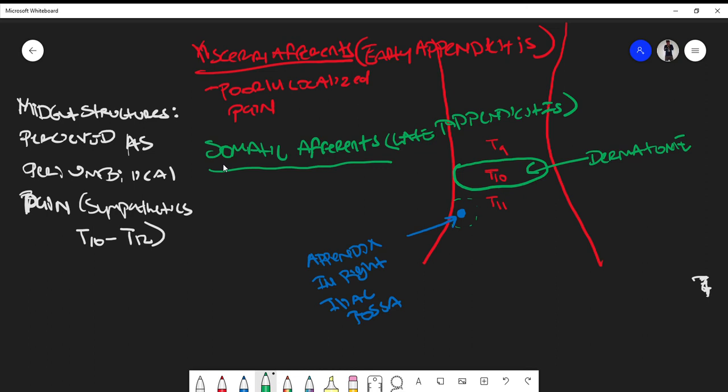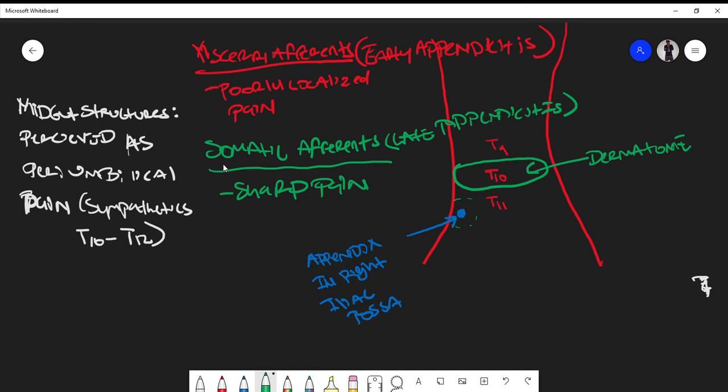So this produces a sharp pain. The appendix rubbing against the parietal peritoneum produces a sharp pain, and this is because the pain is now from the somatic afferents. And so the previously felt pain from the umbilicus, in the early stage, the patient no longer feels.